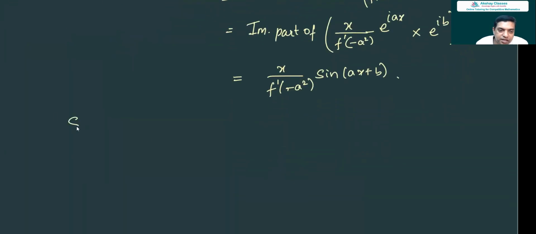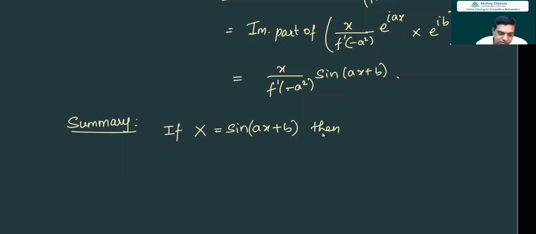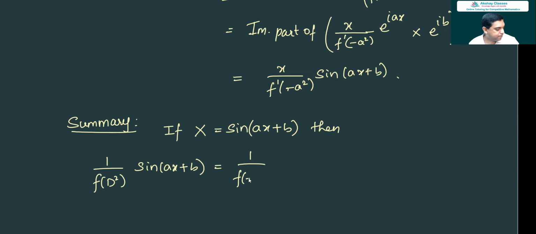Therefore, summary, I'll write: if x is equal to sine ax plus b, then 1 by f of d square times sine of ax plus b becomes 1 by f of minus a square sine of ax plus b, if f of minus a square is not equal to 0.